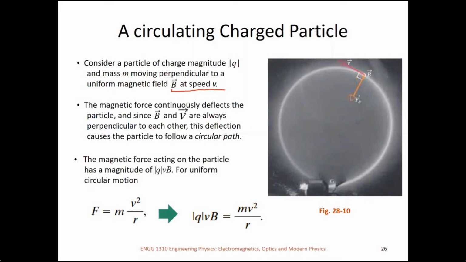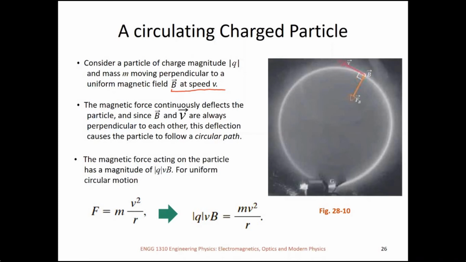If you have a force that is always perpendicular to your velocity, you will make a circular rotation. Just like between the Earth and the Moon, you have the gravity force between them, and this force is perpendicular to the Moon's moving direction, so the Moon will rotate around the Earth.